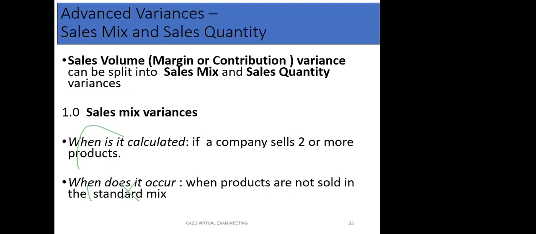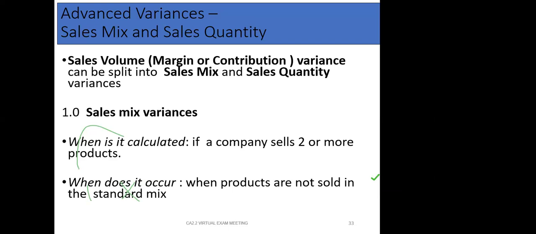Then we move to the sales mix and sales quantity variances. These are also advanced variances. The sales volume margin variance or sales volume contribution variance. Sales margin variance is when the company uses absorption costing.